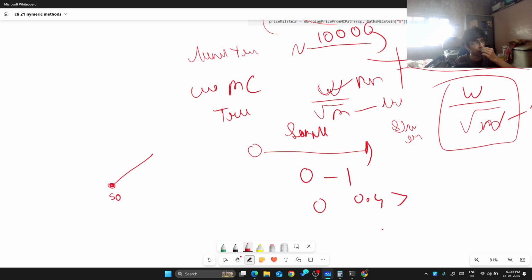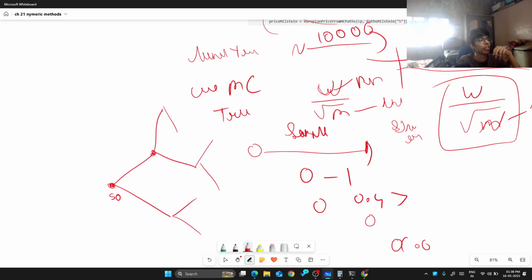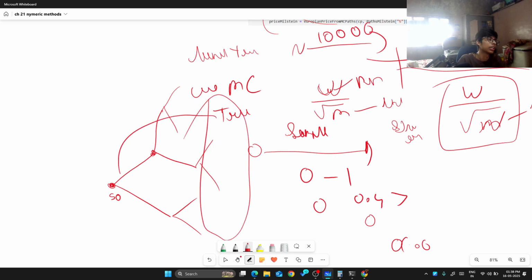If the value is less than 0.4, then there is a down movement. Again, we will sample the random variable. If it is 0.6, then it is an up movement, up and down, up and down. In this way, we can also do Monte Carlo simulation with binomial and payoff, and then we will find the payoff at the end and discount it to today's value.